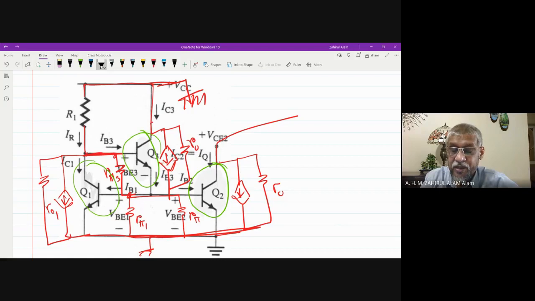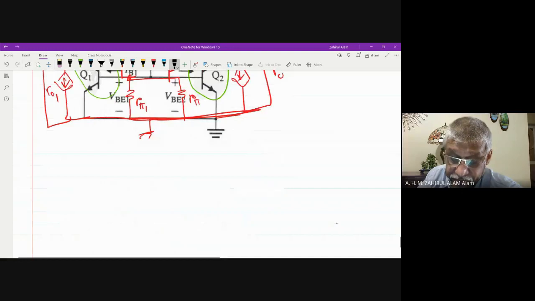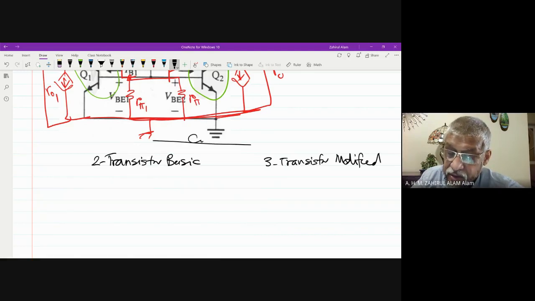So now we know how to draw the equivalent circuit and how to find it. Now if we summarize, we have the basic two transistor, and the modified three transistor current source.